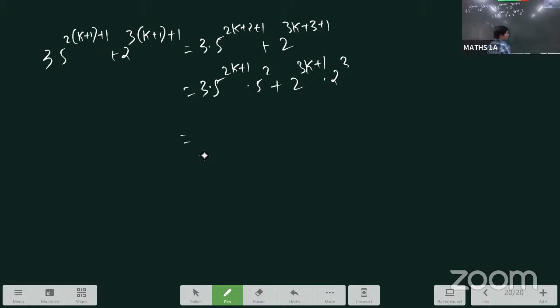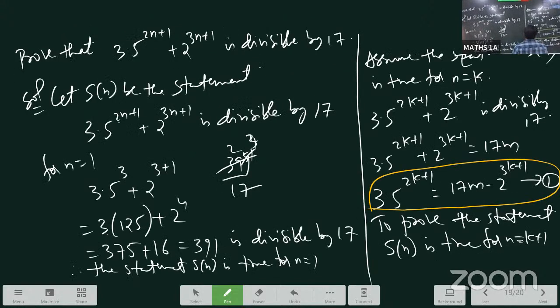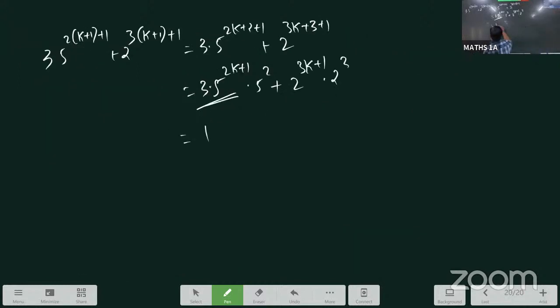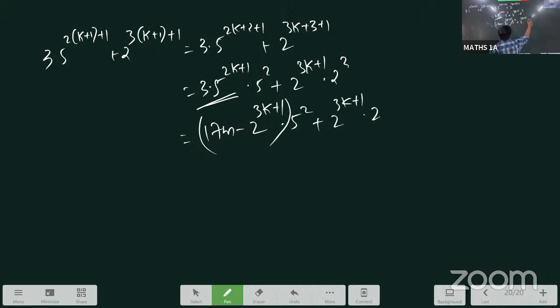Now, just now in the previous board I said, this part, 3 into 5 to the power 2k plus 1, what am I going to replace it with? 17m minus 2 to the power 3k plus 1, right? That whole into 5 square plus 2 to the power 3k plus 1 into 2 cube.